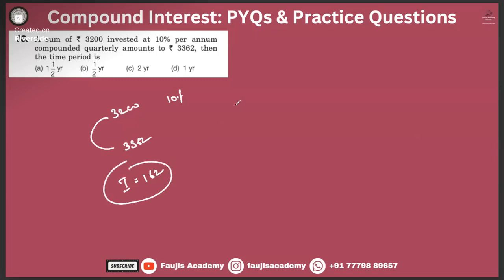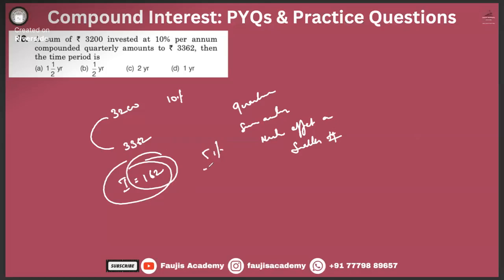Look, whether compounding quarterly or semi-annually, it won't have much effect on smaller numbers. So obviously, this 162 is how much? Close to 5%, in fact slightly more than 5%.